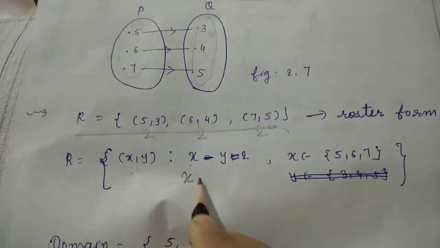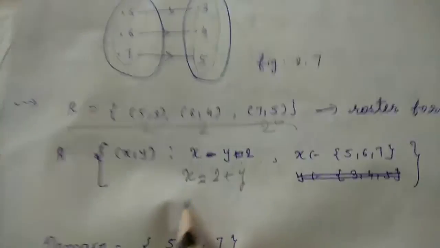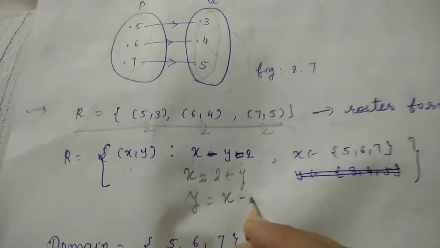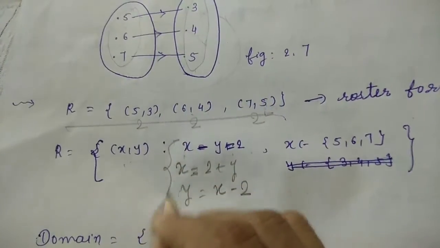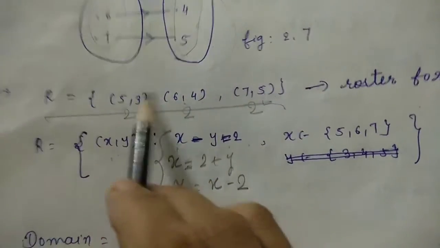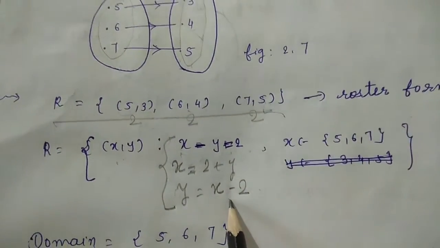Anyone can write it as x is equal to 2 plus y, or someone can write it as y is equal to x minus 2. It depends upon you, student, which relation you write there. Observe it and write it as you prefer. If you write any of the three, then it is correct.